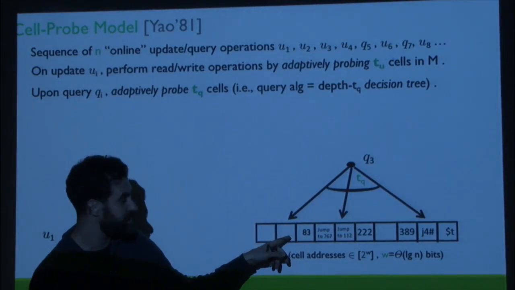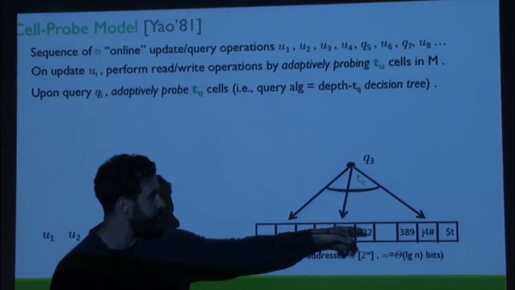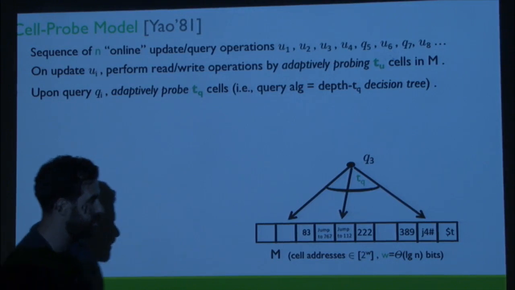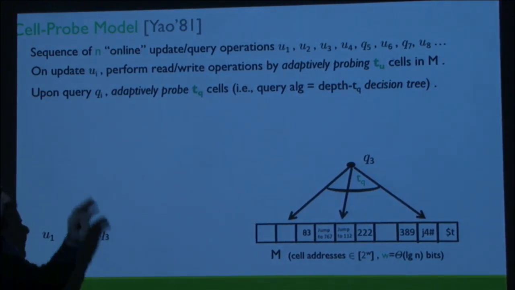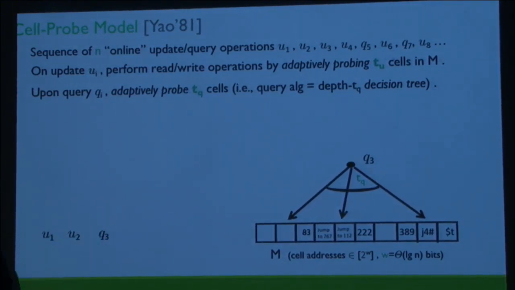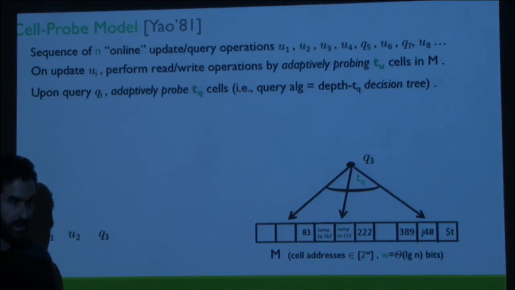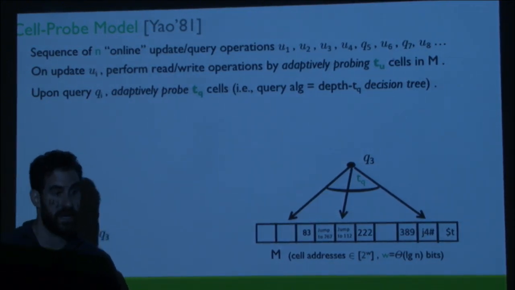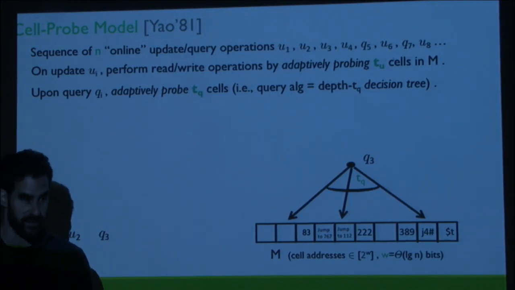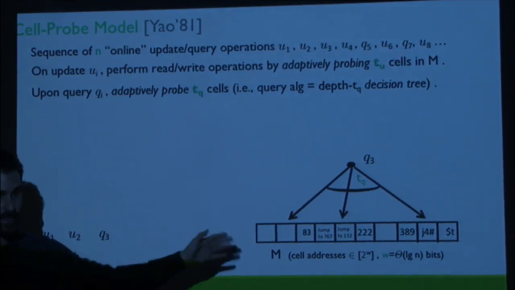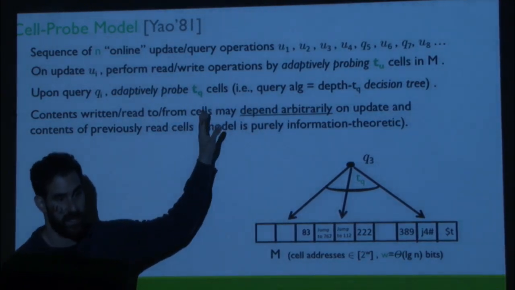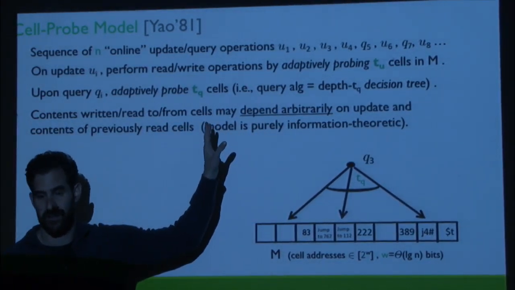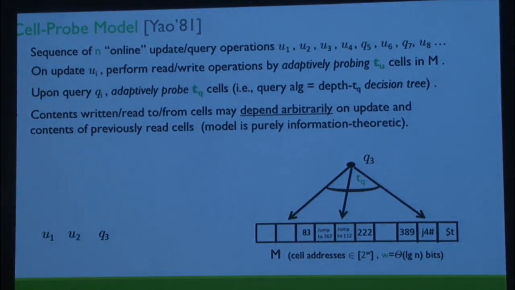The query is going to read some number of cells, at most T_Q cells, and it's going to attempt to answer the query by accessing these cells. So the update and query algorithms are nothing else but adaptive algorithms, decision trees, over this space. And what we care about is the trade-off between the update time and the query time. Does that make sense? That's going to be important for the talk.